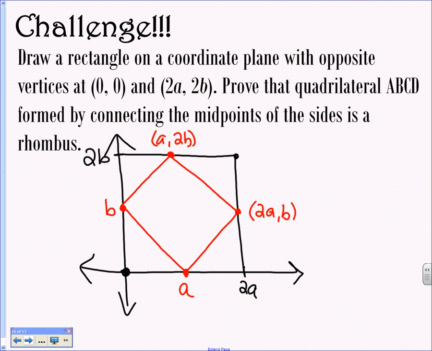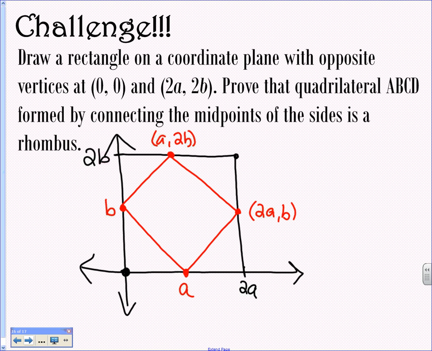We don't know that it makes a square, because it would only be a square if a and b were the same value. What about the sides? Yeah, it is a rectangle. So the sides of the black figure are parallel. But how are we going to show that it's a rhombus?